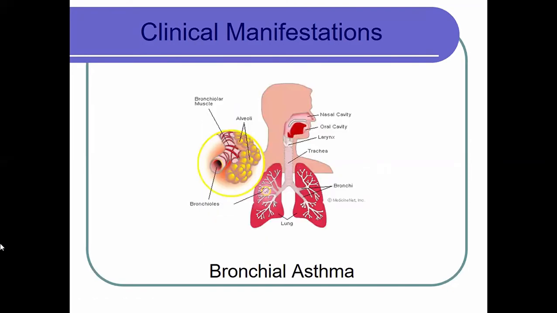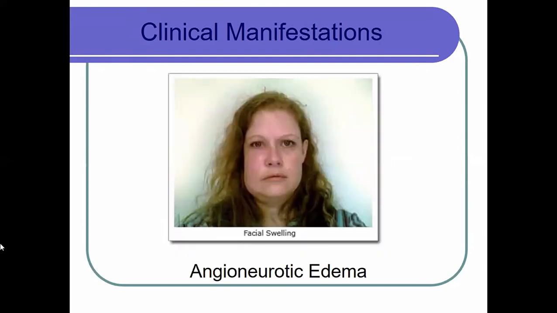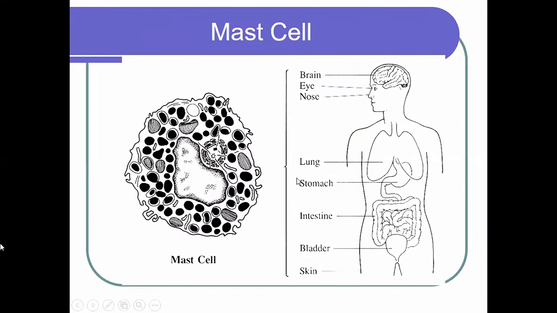You can also have bronchial asthma exacerbation brought about by allergic reaction, allergic rhinitis, and angioneurotic edema, swelling. Please take note, the face swells, and those are the clinical manifestations related to hypersensitivity reactions. And the culprit is this cell, the mast cells.